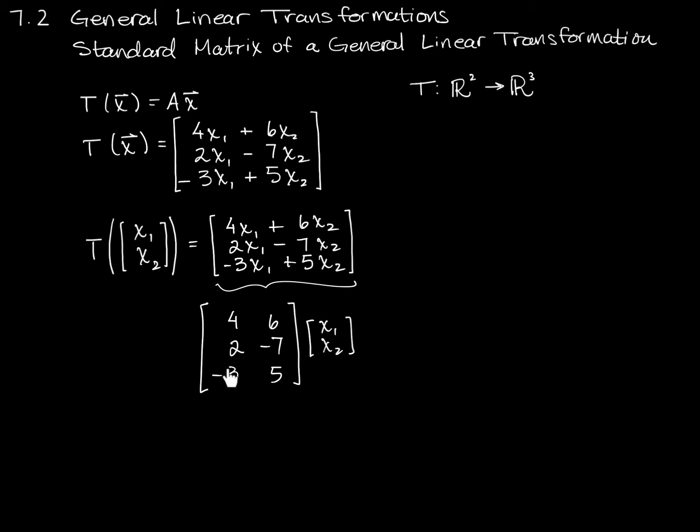So each row has to have two components in it. And in this case, I have 3 rows, so each of the 3 rows has 2 components. When I do this multiplication, I get this sequence of sums of scaled components.